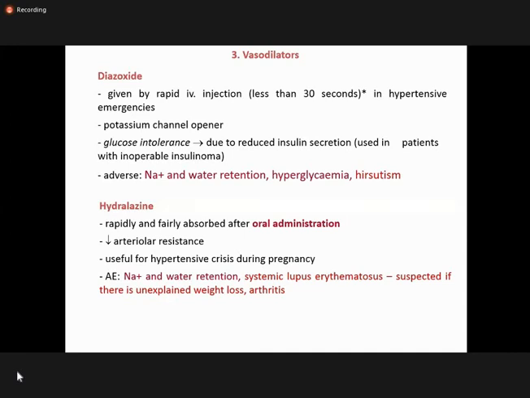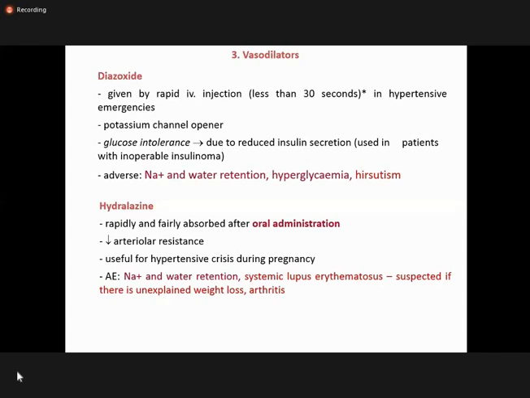The important adverse effect related to this diazoxide: it can be used in patients with inoperable insulinoma, in which excessive secretion of insulin will lead to a hypoglycemic state.